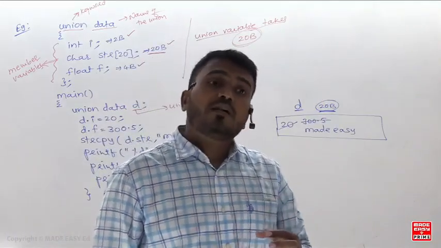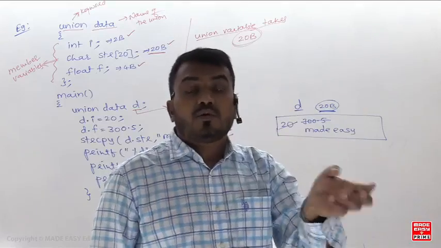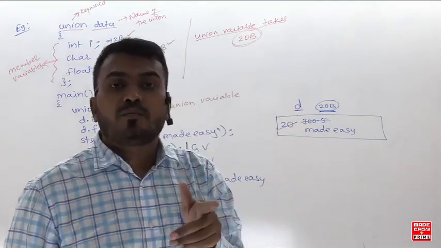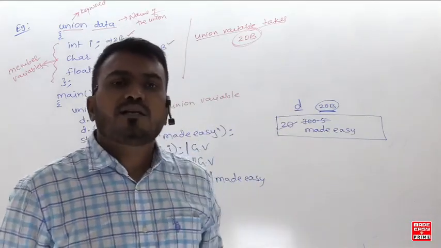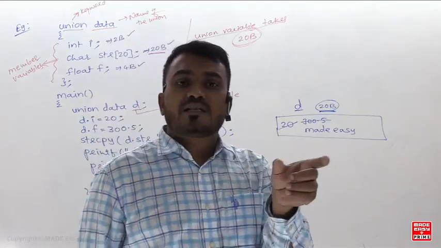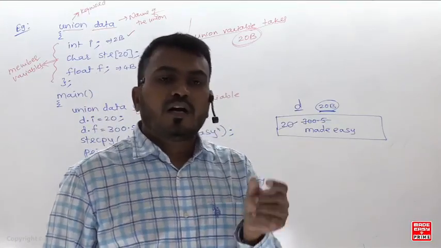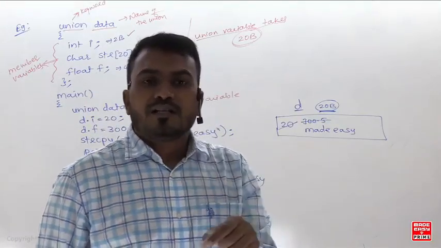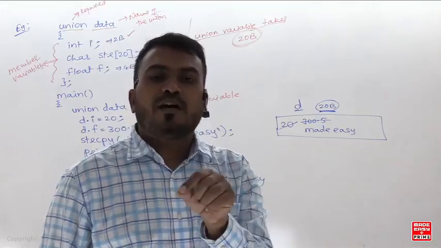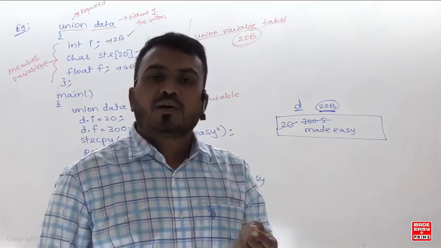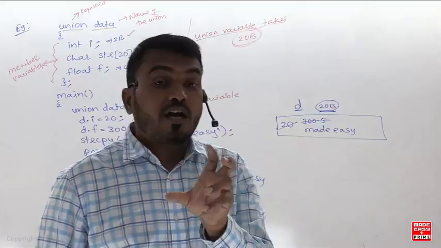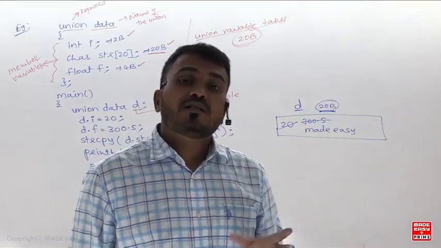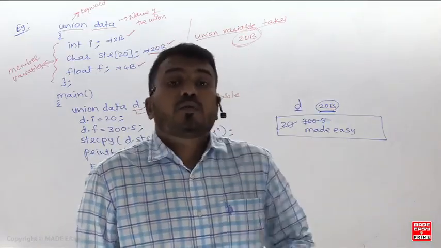But maybe after 10 years, they want the float format. For example, if you go to any restaurant, they will give the bill, like 100.75 with GST, 20 rupees 10 paisa, 30 rupees 25 paisa. You have paisa also, so that is a float value. Is that clear? We don't know about the future.